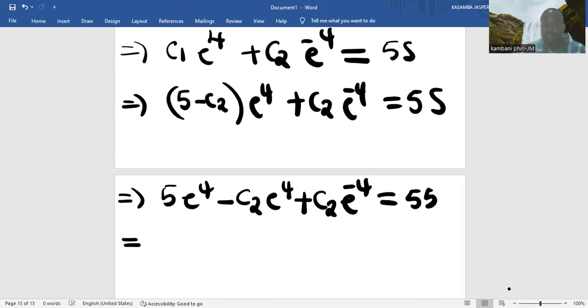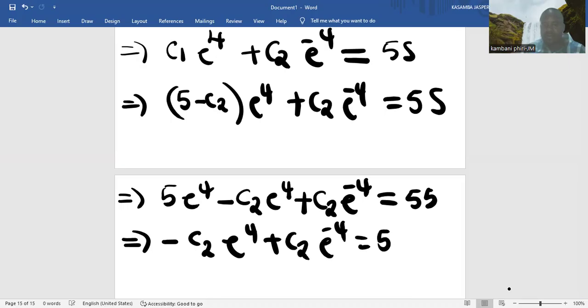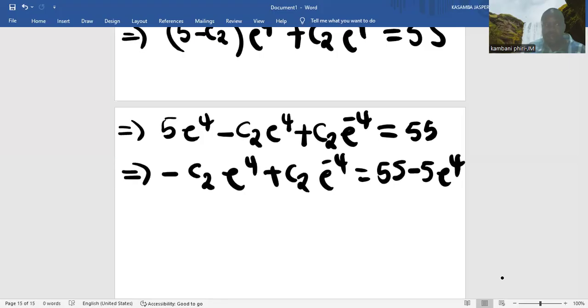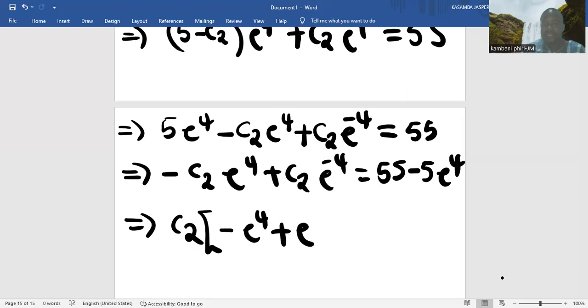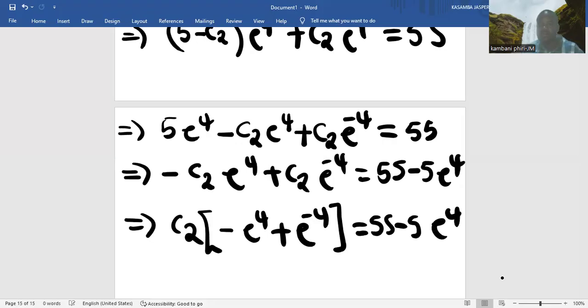We can keep the C2 terms on one side; the rest will be 55 minus 5 e to the power 4. We factor out C2: negative e to the power 4 plus e to the power negative 4 times C2 is equal to 55 minus 5 e to the power 4.